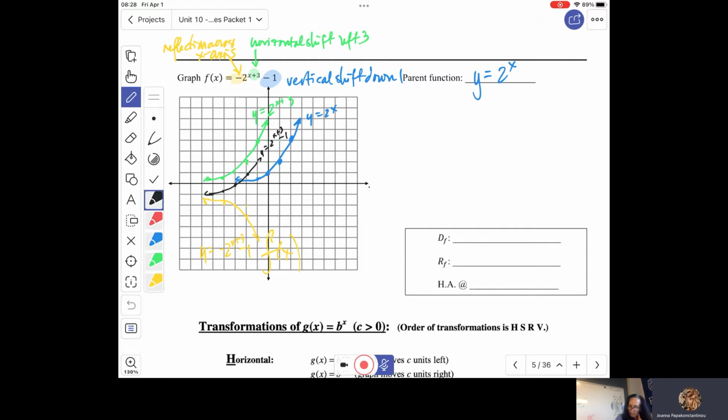Did we get that? You can always check if you graphed your parent and perform the transformations to your parent one step at a time, that's fine. It takes longer. Or you could just substitute in x values into the equation and get the corresponding y values and get your graph. What is the domain of this image function, f of x?